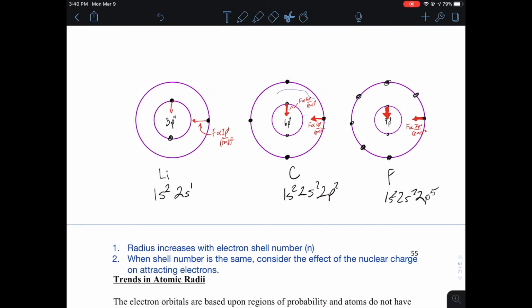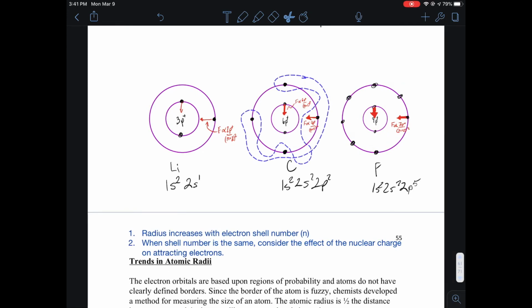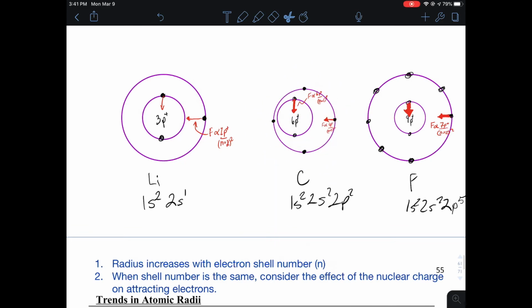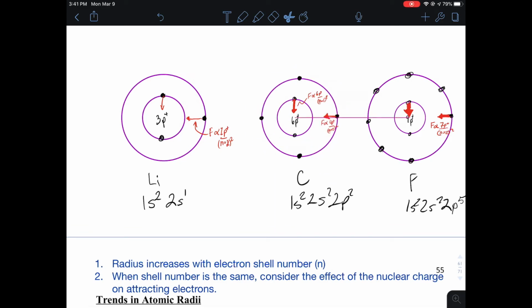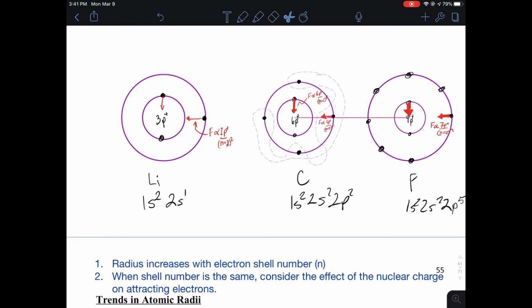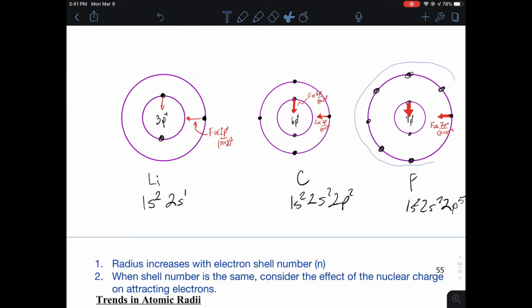So when we consider the outer electron shell, like this, we actually have to think that this one is a little bit shrunken. How do I get this to shrink? Doesn't want to shrink. Oh, there it goes. So a little bit of a shrink on that one because it is attracted to a little bit more energy than the previous.